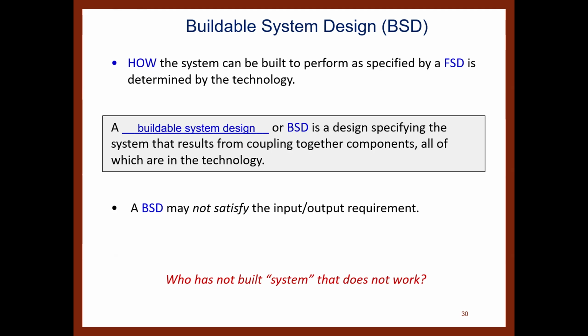You come up with a functional system design, and when you try to implement some technology, maybe the technology that you selected is not gonna allow you to get to that performance that you were looking for. So that's what I mean by building a system that does not work for the goals that you have stated.